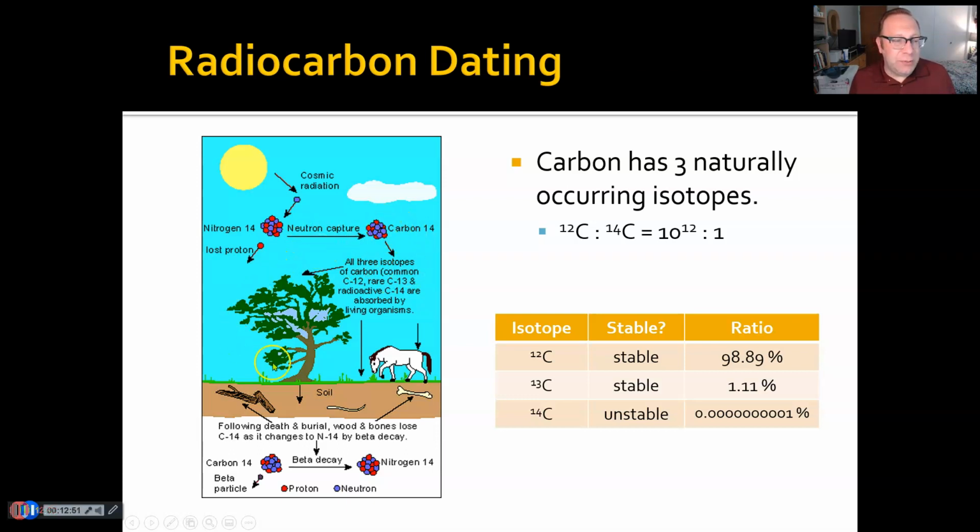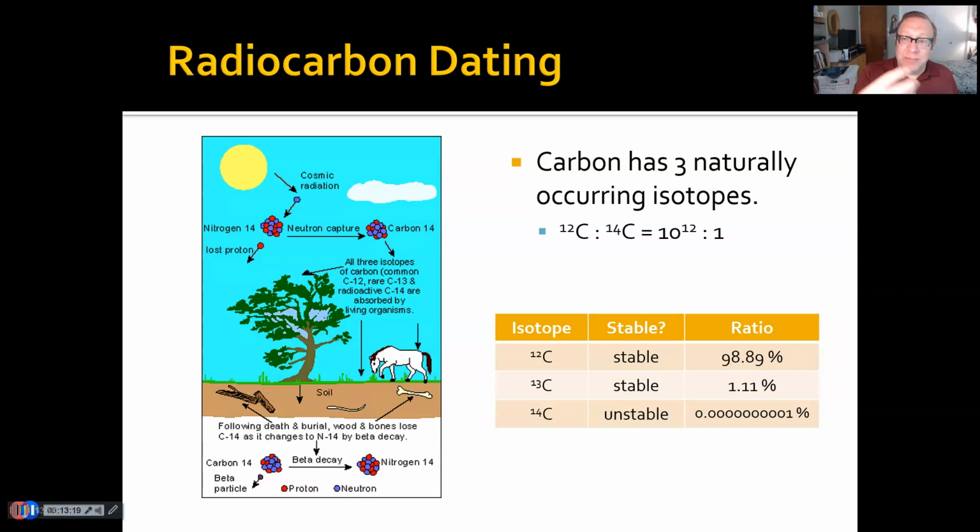All 3 isotopes are absorbed during the process of photosynthesis. So when plants are photosynthesizing, they're drawing in those carbon atoms in the form of CO2, breaking off the carbon atom to use and releasing the oxygen. So they will be taking in those carbon atoms in the same ratios as they exist in the atmosphere.